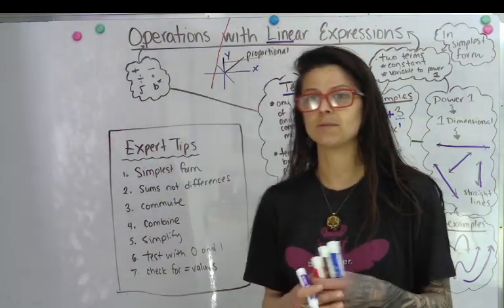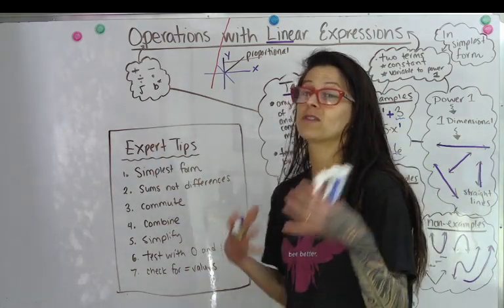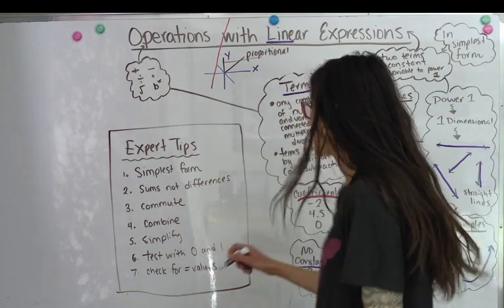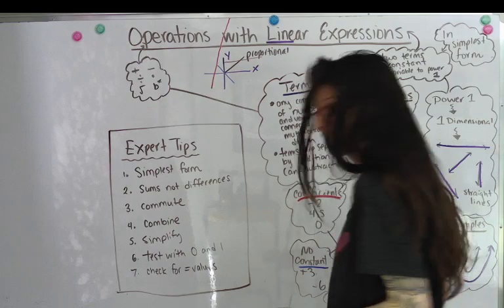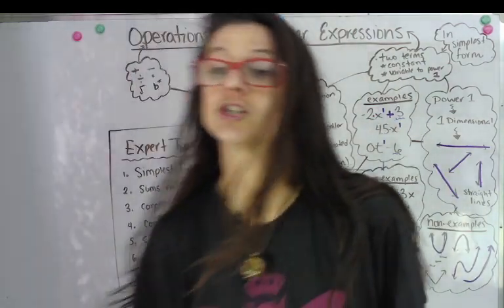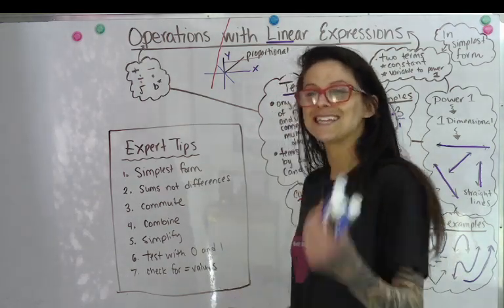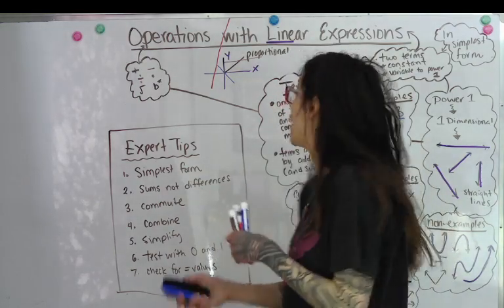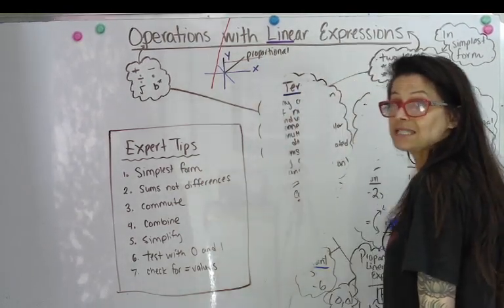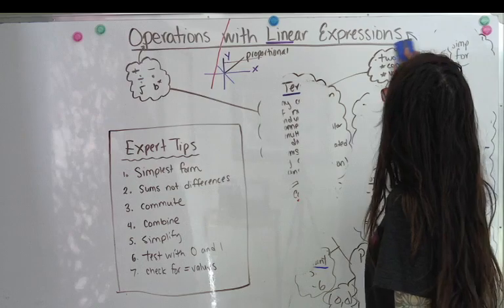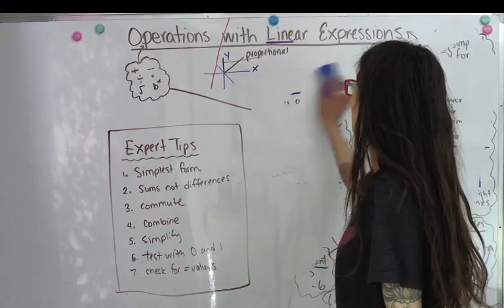Now some expert tips when you're actually going to operate on linear expressions with addition and subtraction, which we're going to focus on today. You want simplest form. You want sums, not differences. I say sums, not differences because remember, terms are separated by addition. And while subtraction is addition, but the opposite, adding the opposite, subtraction can often lead to mistakes because we will be combining like terms and forget that one of the terms is supposed to be negative.